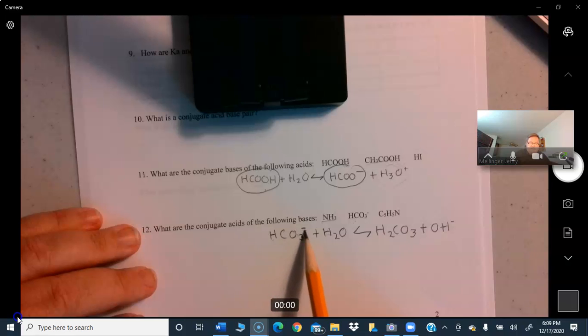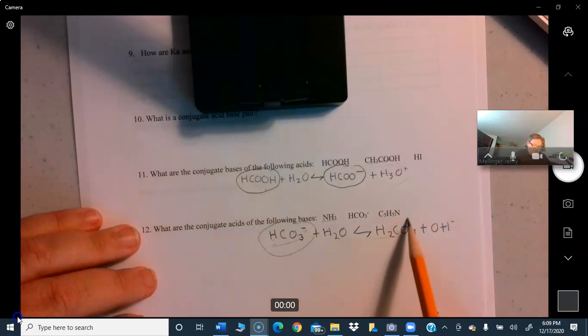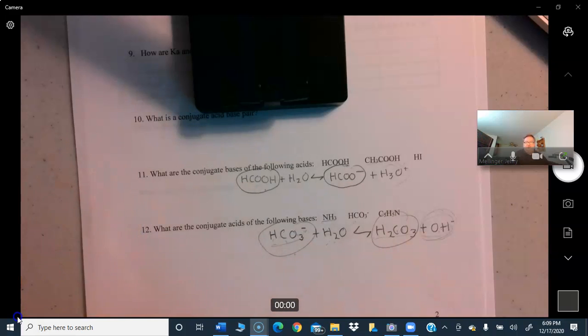And the proton offsets this negative charge, so now it's electrically neutral. This is the conjugate acid. So this is a weak base. This is the conjugate acid. These two are different. Go ahead and circle those. Those are the conjugate base acid pair. And then what a base does is it produces hydroxide ions by breaking that water molecule and pulling one of those hydrogens away from it to leave a hydroxide in the solution. Okay, I'll leave the others for you to do. If you have any questions, you can ask me on those.